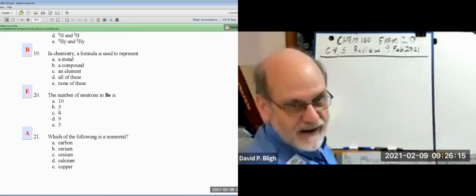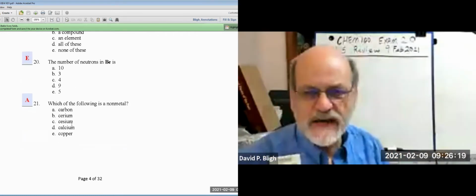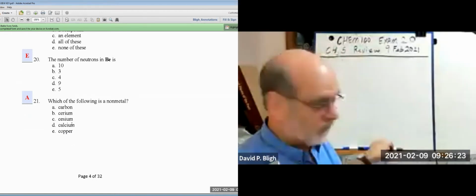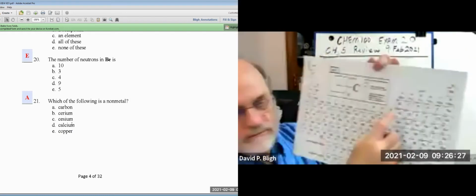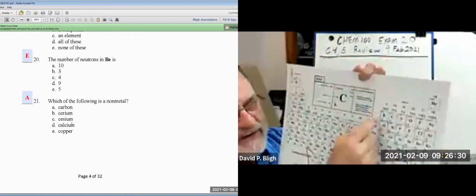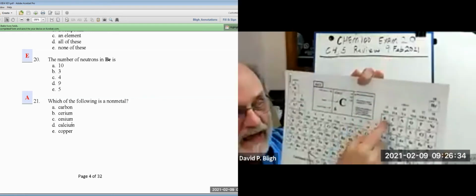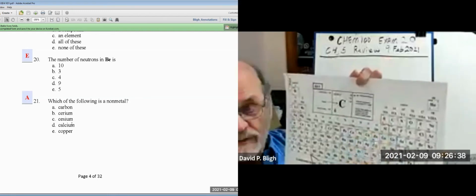All right, 21. Which of the following is a non-metal? You got to know where the non-metals come from, right? And on your chart, there's a black line that zigzags. It goes to the left and underneath boron, and then it stair steps all the way down. It doesn't skip 2 steps, right?